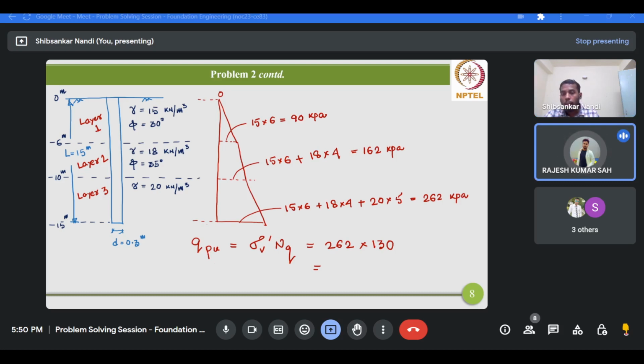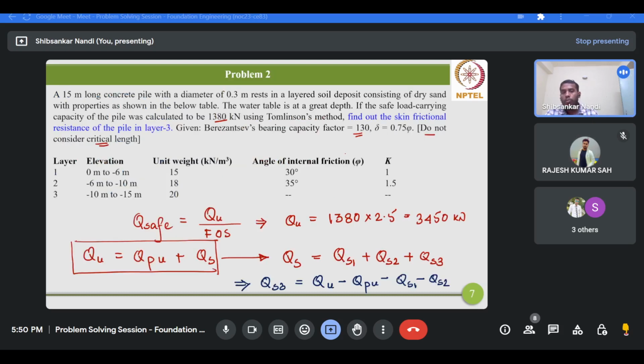This QPU is the product of the effective overburden pressure at the pile tip level, which we have calculated as 260 kPa, multiplied by the bearing capacity factor, which is given in this problem as 130.